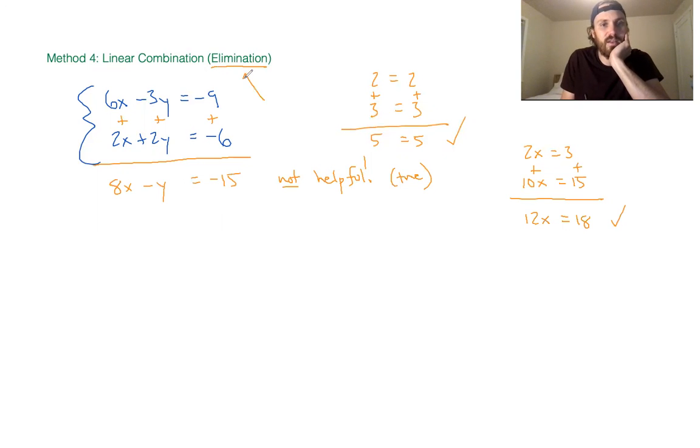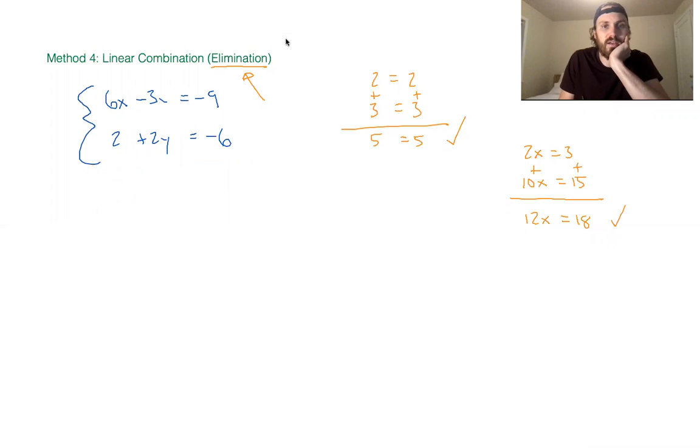That's why it's called elimination or linear combination. So we have to manipulate our equations a little bit to make sure that we can basically eliminate a variable. So it's true if we just added them straight off the bat, but it's not helpful in this case because we didn't eliminate a variable.